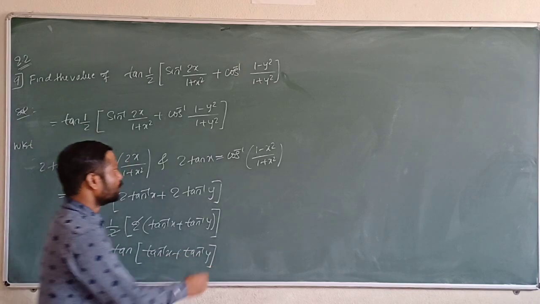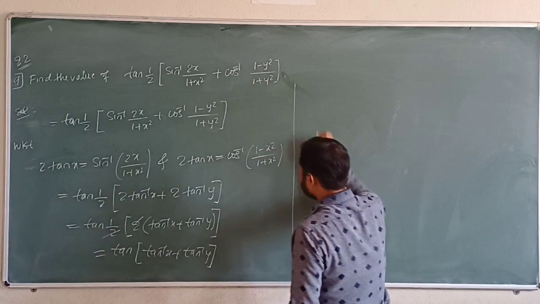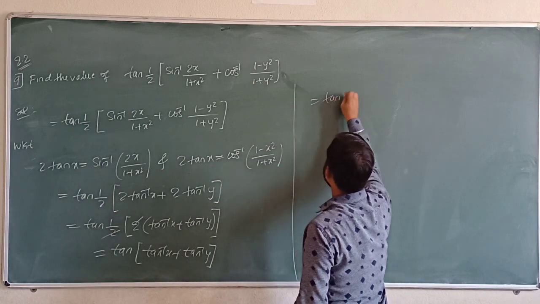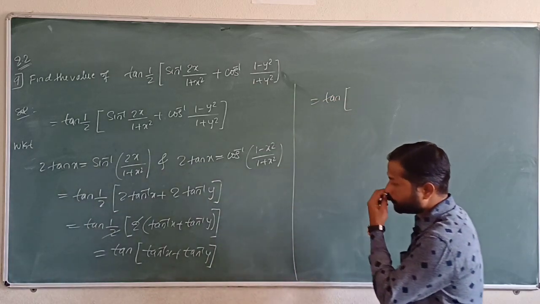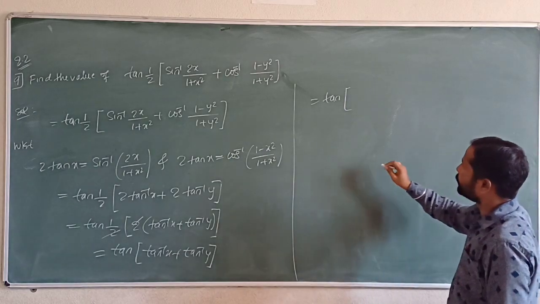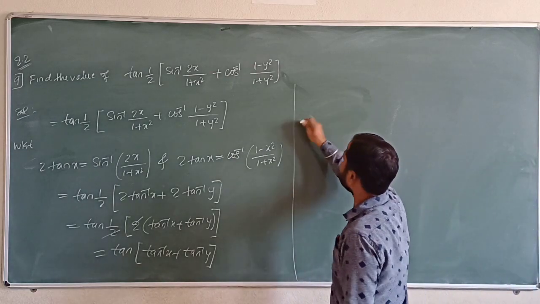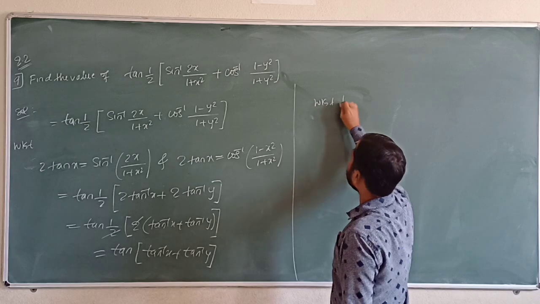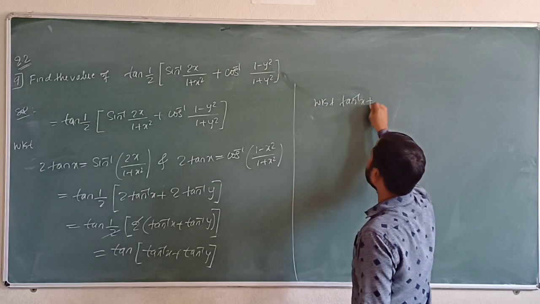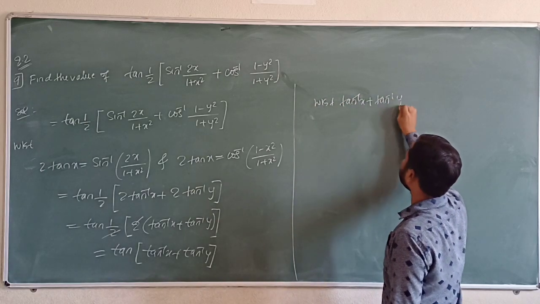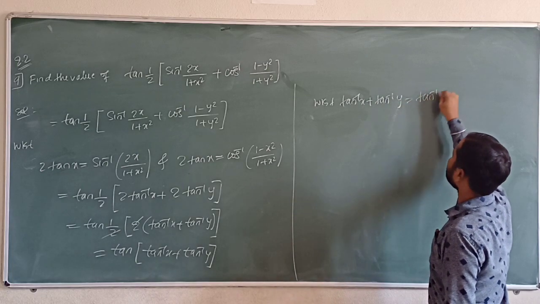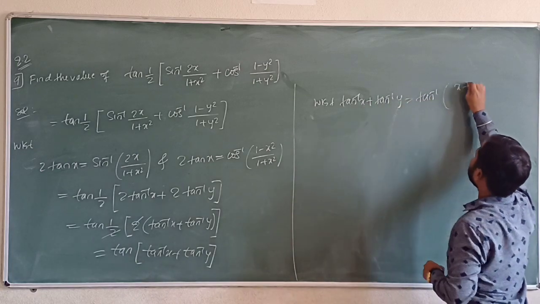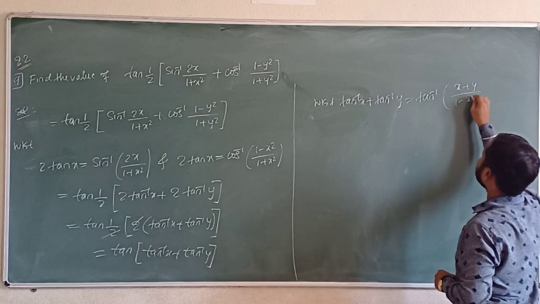Right? We know that another property comes: tan inverse x plus tan inverse y. What is that property? We know that tan inverse x plus tan inverse y is tan inverse of x plus y divided by 1 minus x into y.